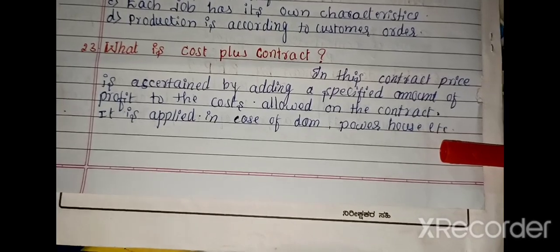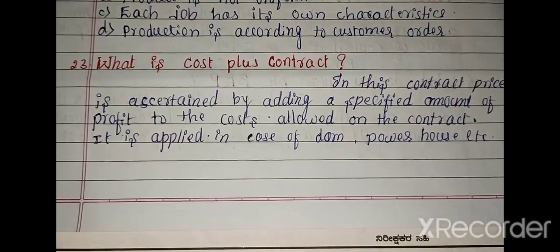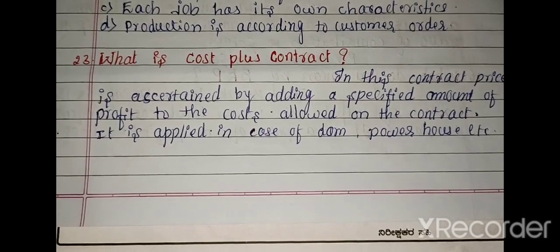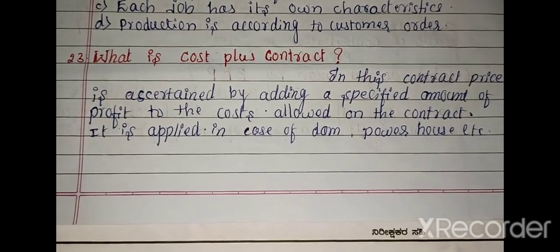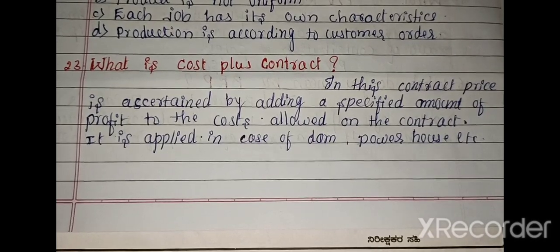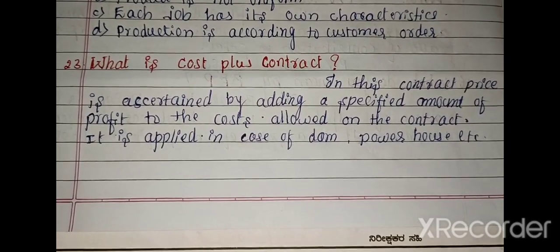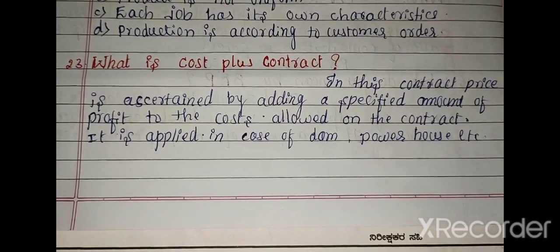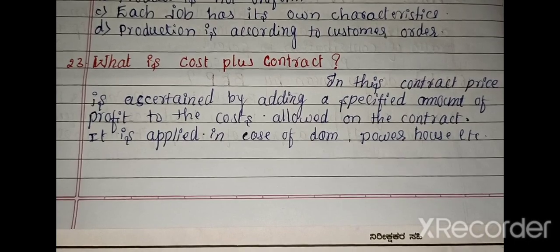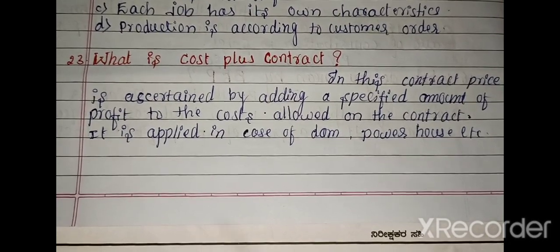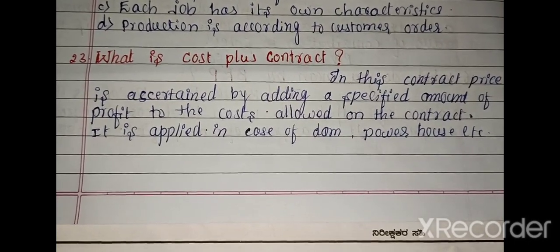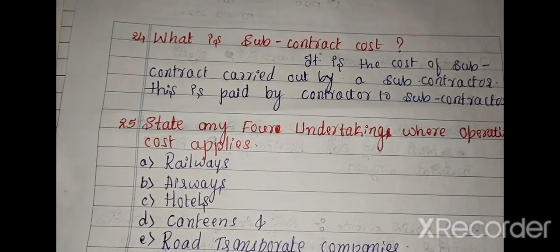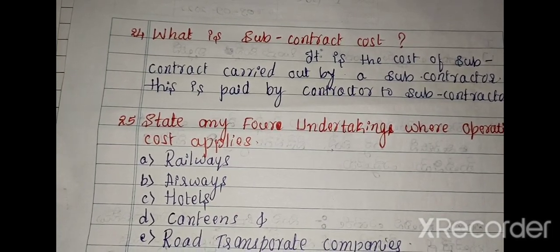And question number 23, what is cost plus contract? In this contract, price is ascertained by adding a specified amount of profit to the costs allowed on the contract. It is applied in case of dams, powerhouses and so on. Question number 24. What is subcontract cost?